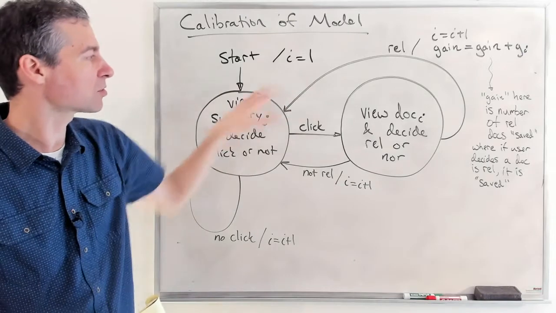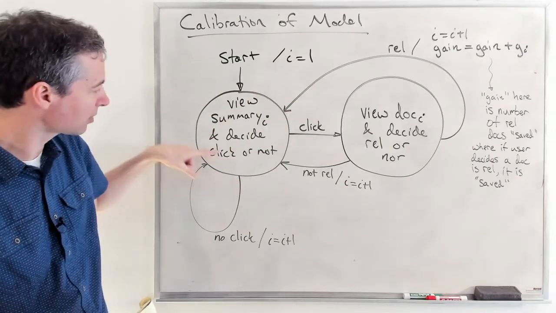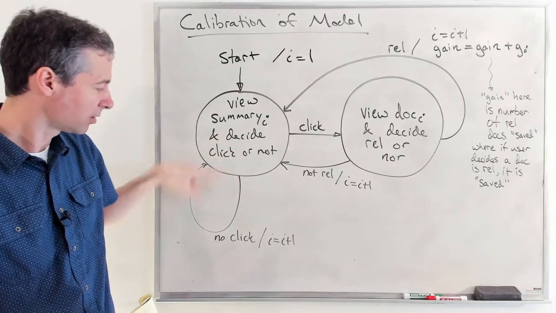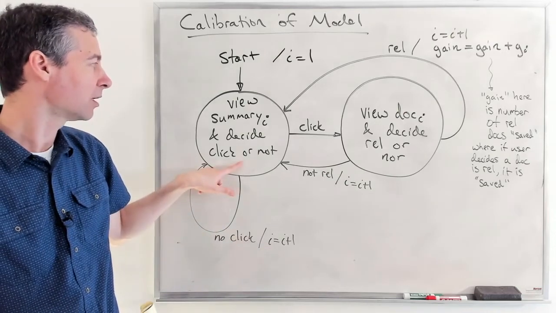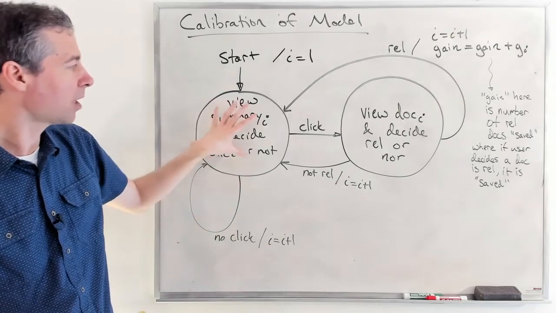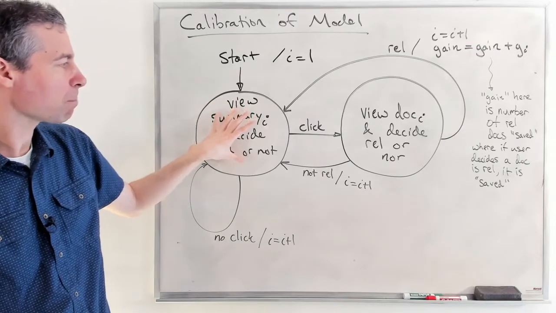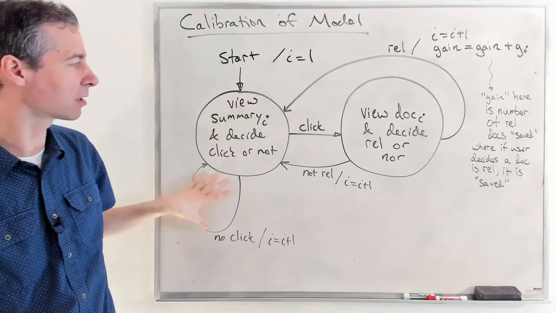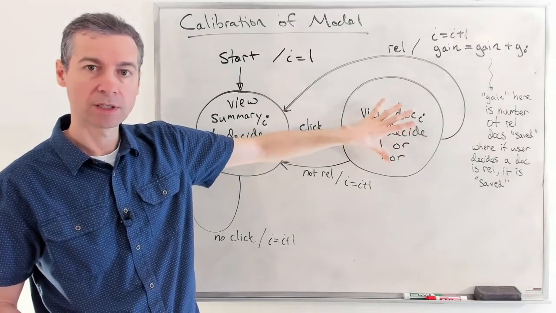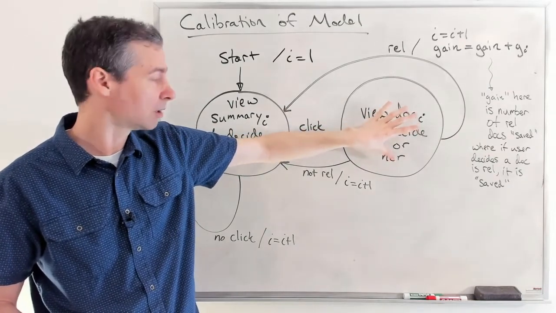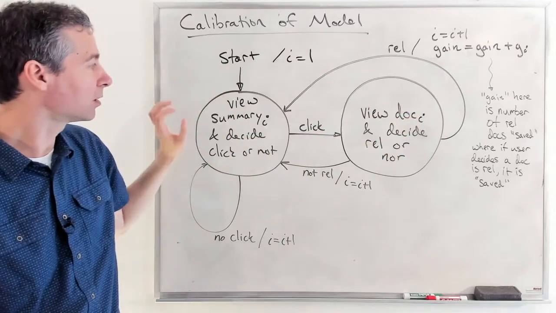And then this is the process you're following. And then, of course, you can make a decision, if you're viewing a summary, that you're not going to click. And this also advances you to the next summary. And so we have time spent here, a decision made to click or not click. Then we have time spent here and a decision, relevant or not relevant. All right. And then we move on and continue on.